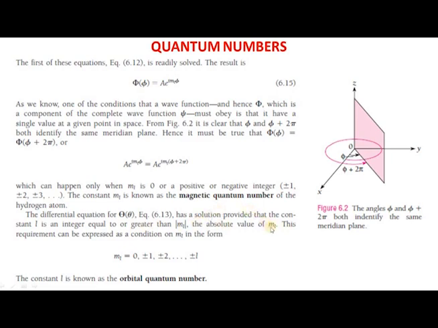So for solving this, we have to satisfy one requirement, expressed by the condition that ml is equal to 0 up to plus or minus L, where L is an integer equal to or greater than the absolute value of ml. So L can have a value equal to or greater than the absolute value of ml. The constant L yields another quantum number, the orbital quantum number. One thing you have to keep in mind is that this whole scenario is a bit complicated.